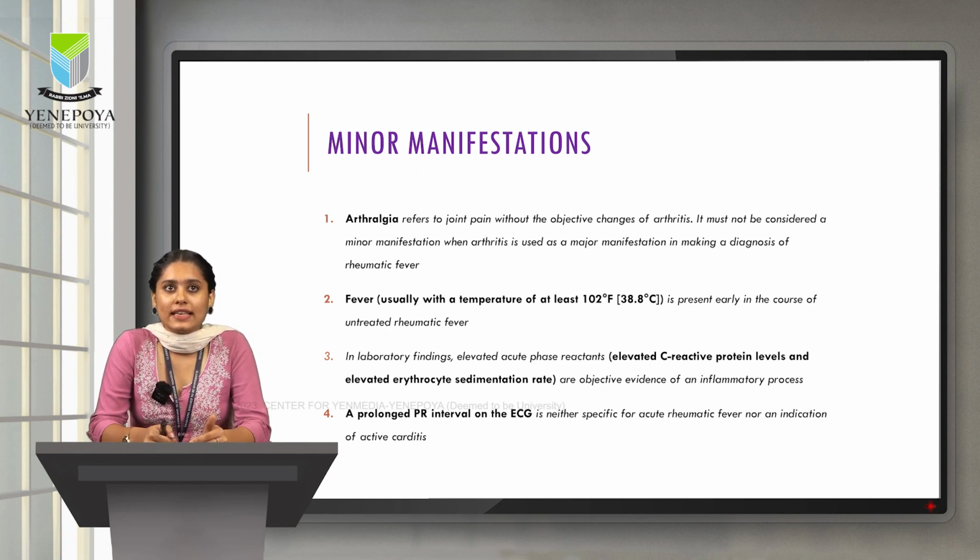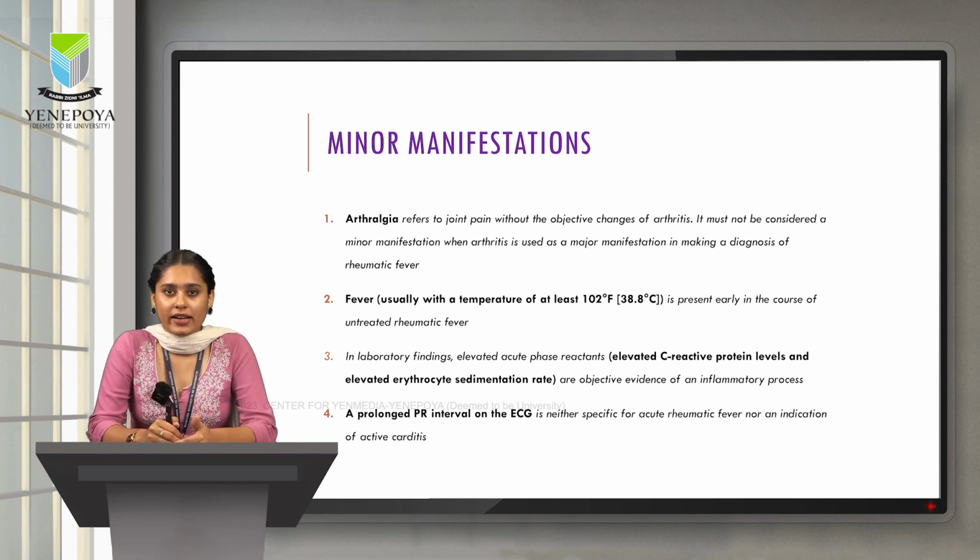Next, moving on to the second minor manifestation, which is usually the fever. If the temperature is around 102 degrees Fahrenheit or 38 degrees centigrade in the early course of the rheumatic fever or the infection, then you can consider it to be a minor manifestation.